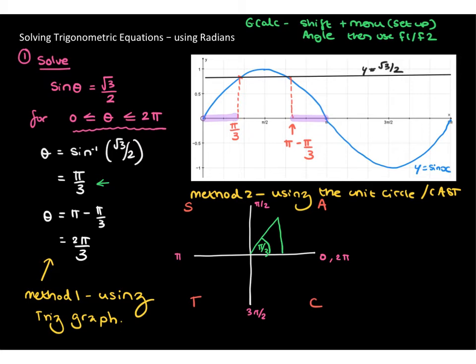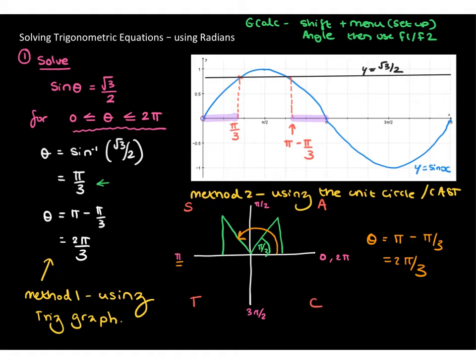So the only option is to reflect across like this, and then the angle that we will be looking for is this angle over here, and you can see that we've got pi, which takes us all the way round, but we don't want to go all the way around, we want the orange angle. So the orange angle is equal to pi subtract pi by 3, which again gives us 2 pi by 3. So there we go, that's the alternative way of finding the other answer.